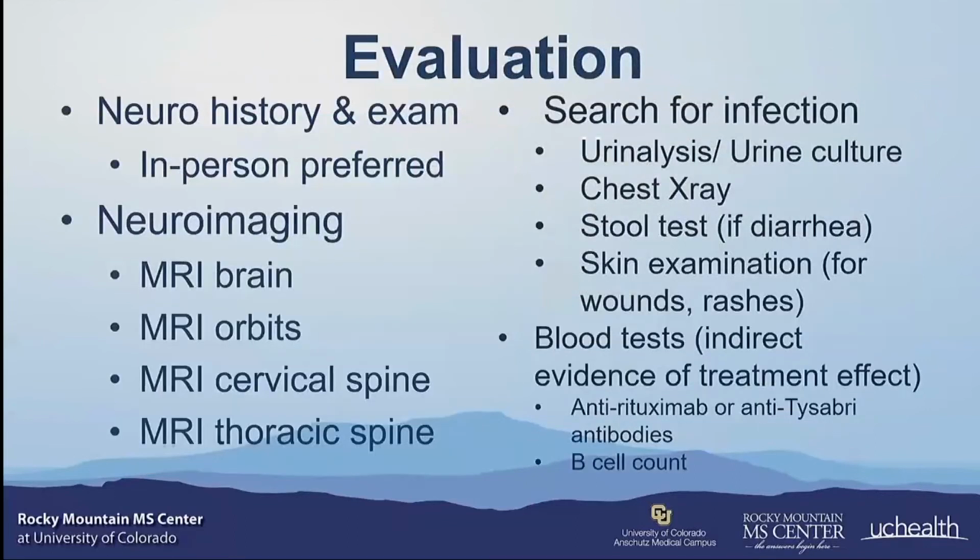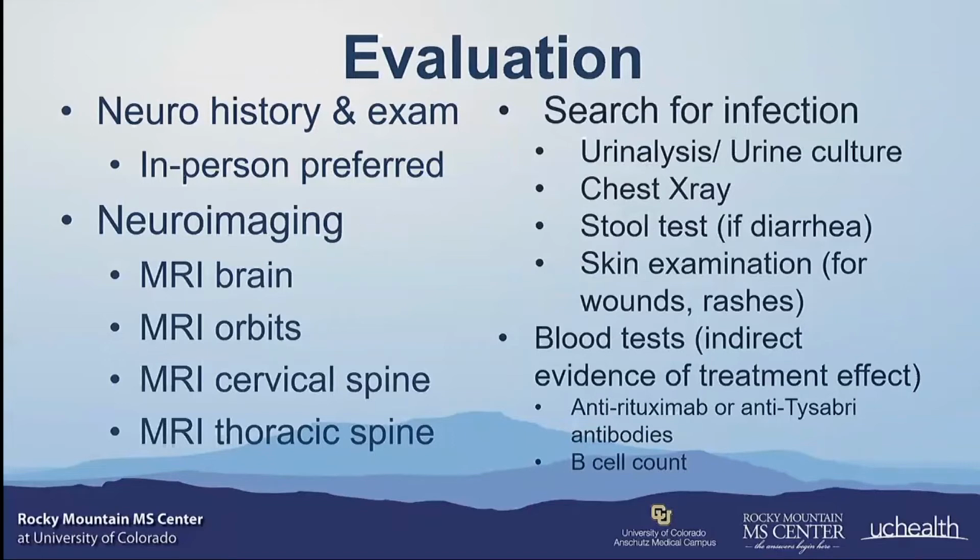So when somebody calls us with neurological symptoms that are concerning, what we try to do is evaluate them ideally in person. We can, and certainly do, virtual and telephone encounters with patients, particularly ones who live far away.